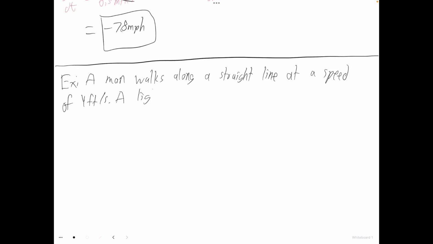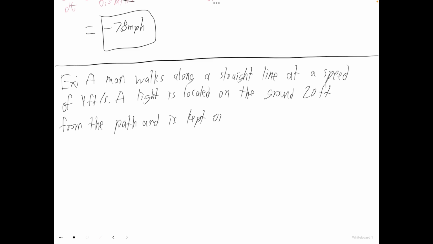A light is located on the ground 20 feet from the path and is kept on the man.